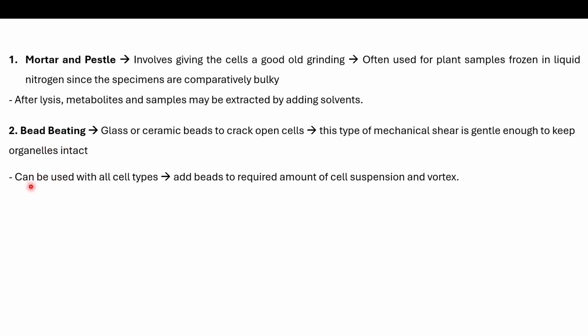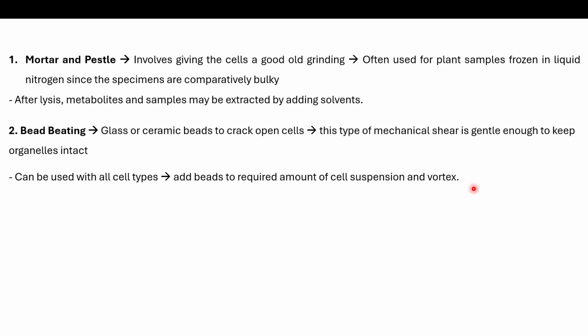Bead beating can be used with all cell types. Simply add beads to the required amount of cell suspension or mixture and vortex. Or, if you do not want to expose your cells to very harsh treatment, you do not generally vortex.